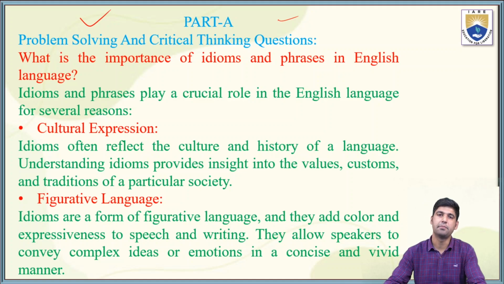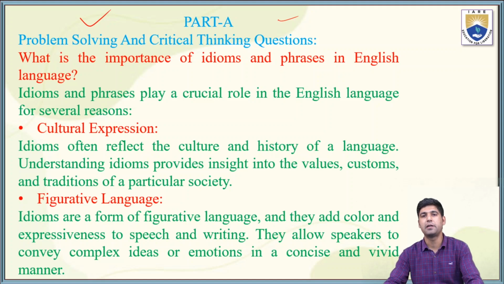The second part is long answer questions, where your content, language and sentence structure will be checked. Then we have the third part, short answer type questions, where your precision and conciseness will be checked. So these are the different categories of your question paper.